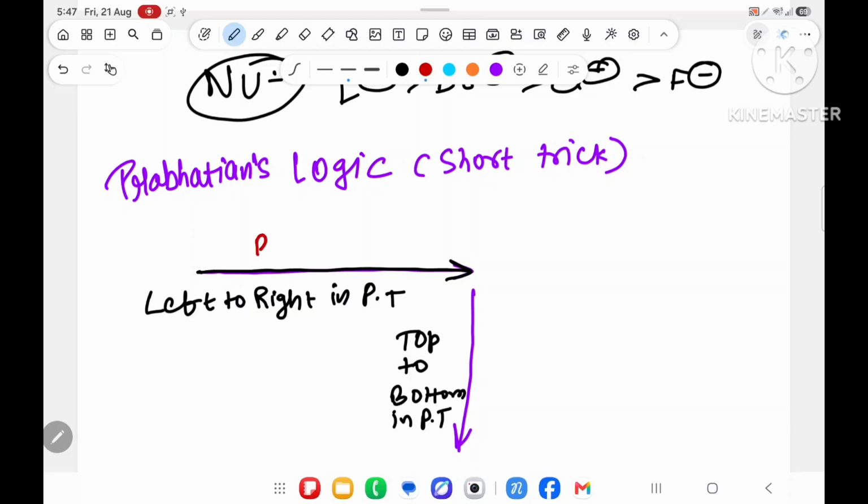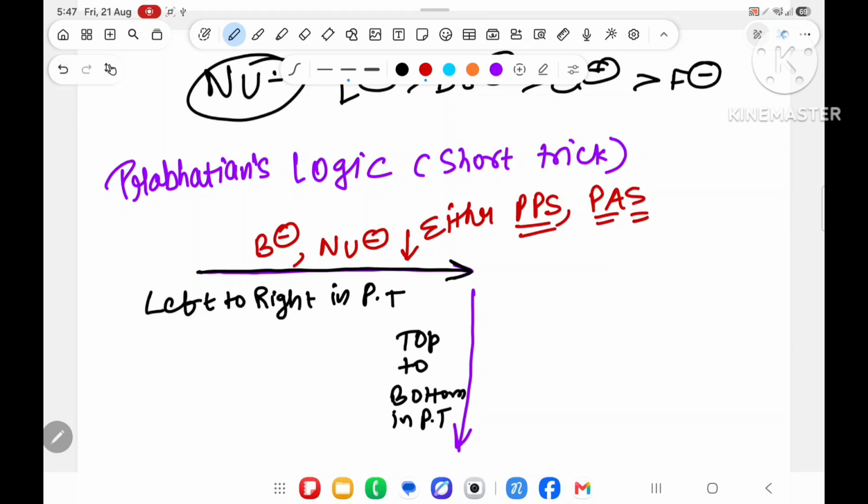You have to say that base power and nucleophilicity power decrease from left to right. Nucleophilicity power and base power both decrease left to right, either in polar protic solvent or polar aprotic solvent. Anything, it decreases. Suppose I say hydrogen, helium, lithium, beryllium, boron, carbon, nitrogen, oxygen, fluorine.